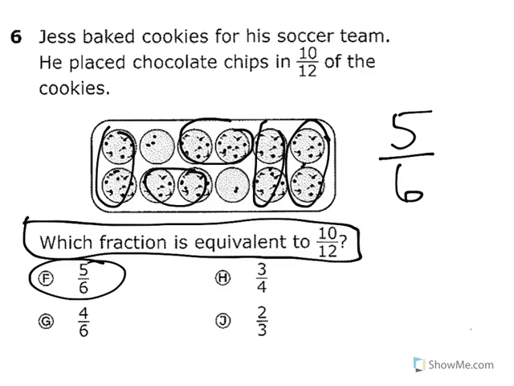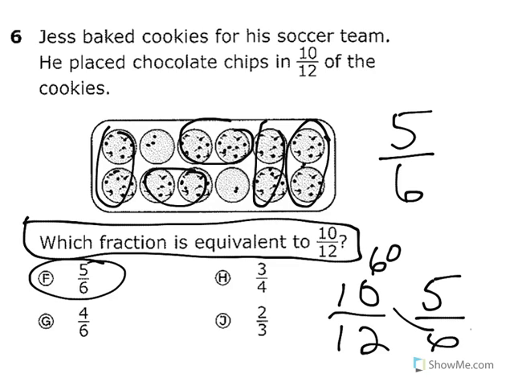And we can just double check by cross multiplying by 5/6. So 6 times 10 is 60. And 12 times 5 is 60 also. So they are equivalent.